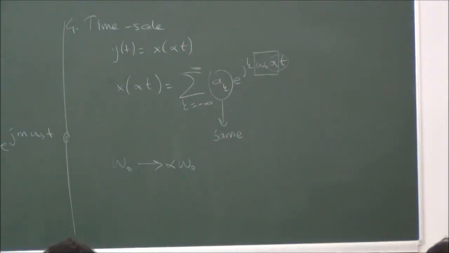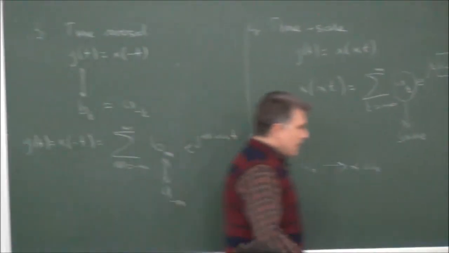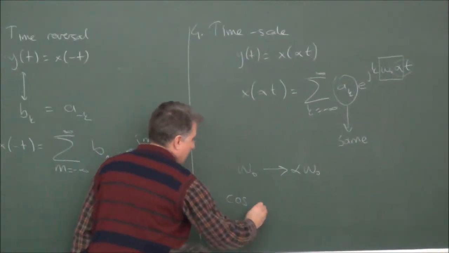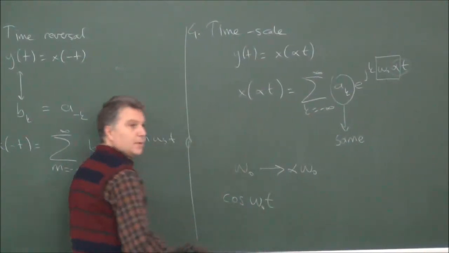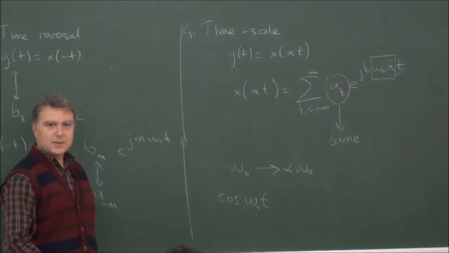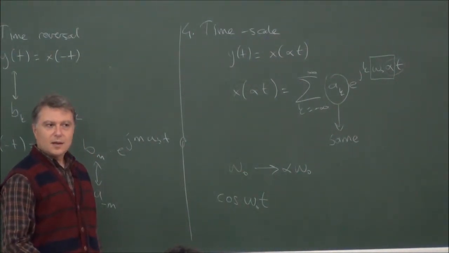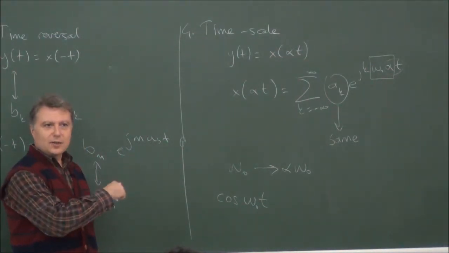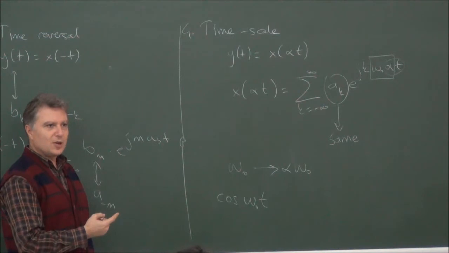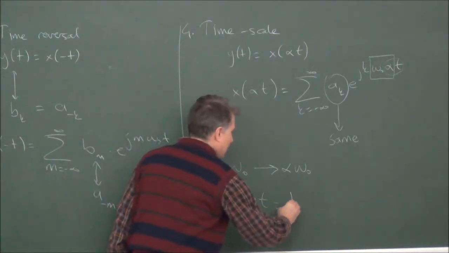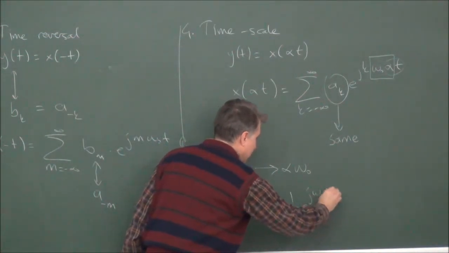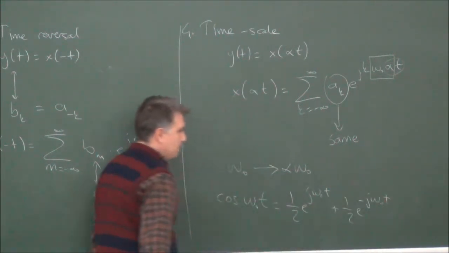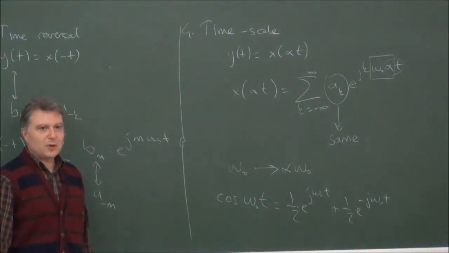Consider this. You have a cosine. Remember that? Cosine omega 0 t. What were the Fourier series coefficients of this? It was 1 over 2 and 1 over 2, because there were only two complex exponential terms for a cosine: 1 over 2 e to the j omega 0 t plus 1 over 2 e to the minus j omega 0 t. So the Fourier series coefficients are 1 over 2 and 1 over 2.